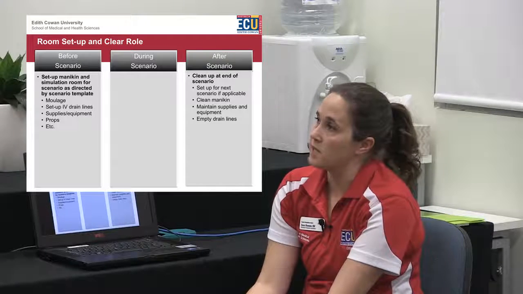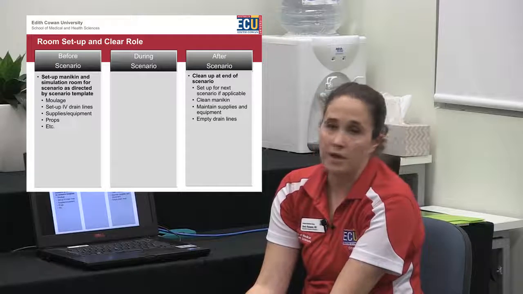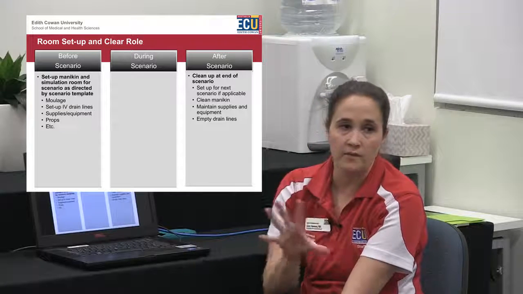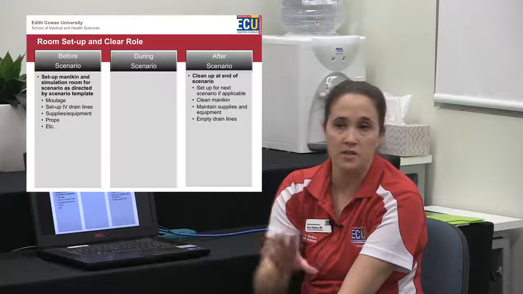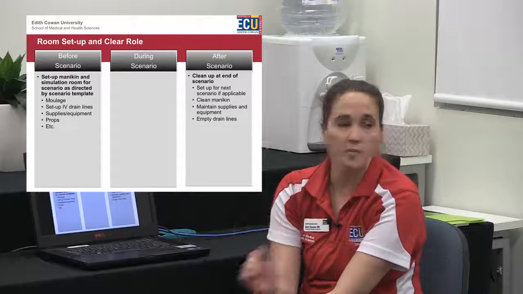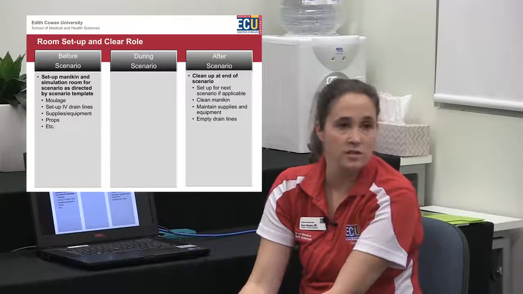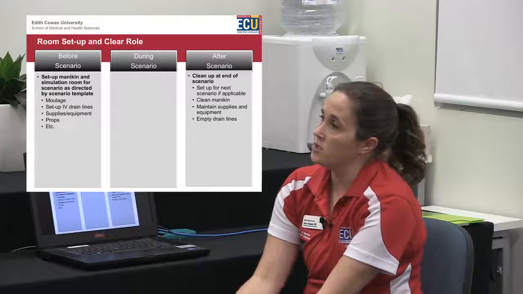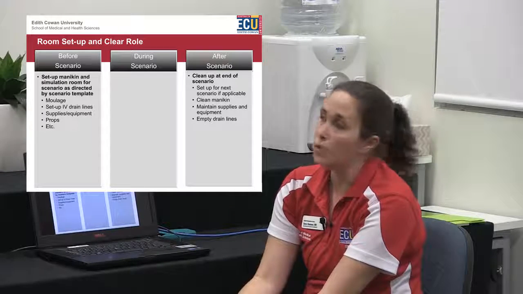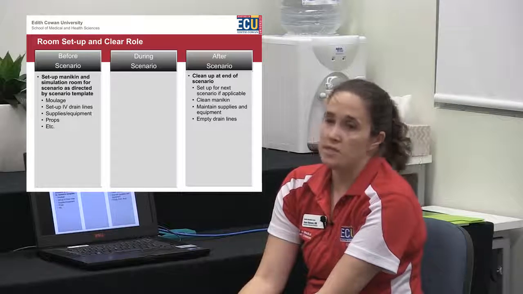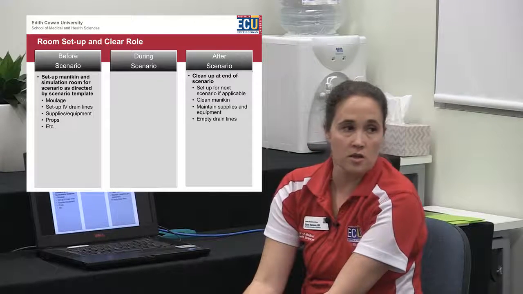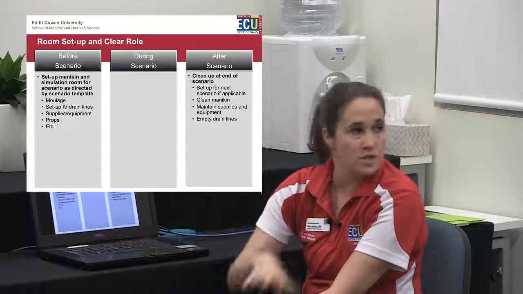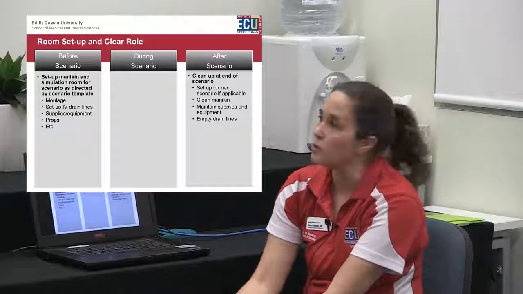Before the scenario, set up the simulation room as directed by the scenario template. All of that information on your scenario template is very useful for the Confederates and also the people setting up the room, so the more detail you can provide, the better. You want to have moulage, IV drain lines that we showed you, and any supplies and equipment that are going to be needed during the scenario either in the room or just outside the room so they're readily accessible.